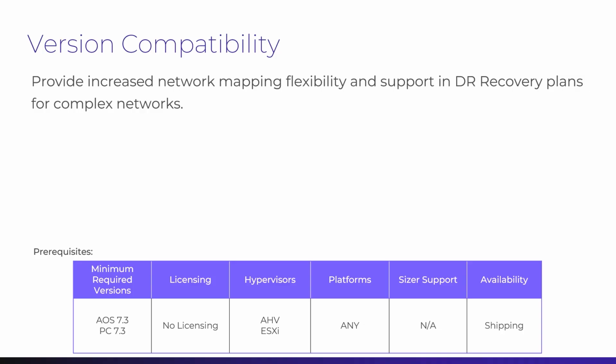So having the ability to enable or disable just assumes that that level of licensing is already there. But the unequal subnet length mapping and also many-to-one do not require any changes to licensing, so they will work with NCI Pro. Hypervisors will be AHV and ESXi. This will work on any platform. There is no Sizer support for this. And the availability is that it will ship when GA for 7.3 occurs.